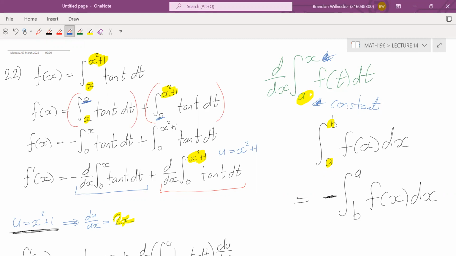So we needed to split it up like that. So we can do FTC part 1 on the first integral and FTC part 1 on the second integral. Yes, thank you. Okay, sure. So we can't do it on this first thing. We need to split it up first.